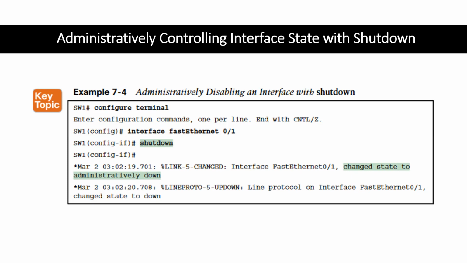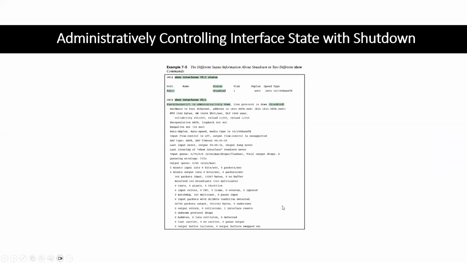We'll go over that in a few, but if he wants to reverse that, there is a command to reverse him shutting that interface down. But we're not going to jump right into it. We're just going to focus on controlling the interface state with shutdown. I know this is kind of hard to see, but continuing on with this example, we can display different information about an interface.